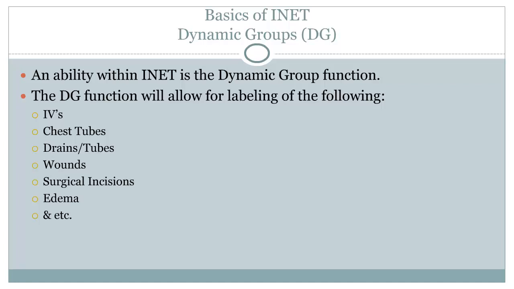If I have multiple wounds or surgical incisions, it would be difficult in typical charting to identify which ones are which. So by using dynamic groups within Cerner, it allows us to identify all separate wounds, surgical incisions, drains, tubes, etc. And we could even name them wound 1, wound 2, and etc. on there.